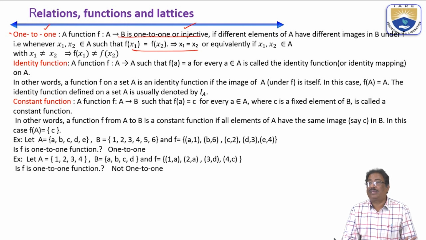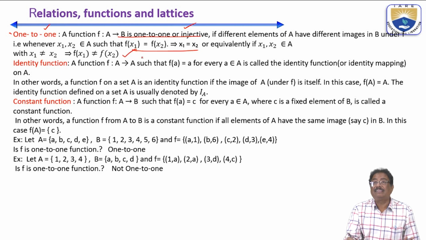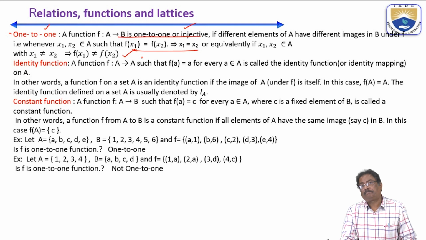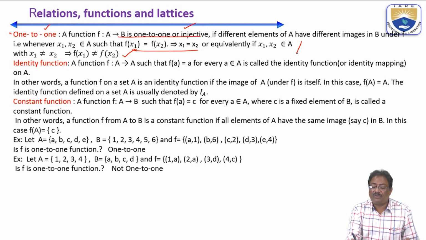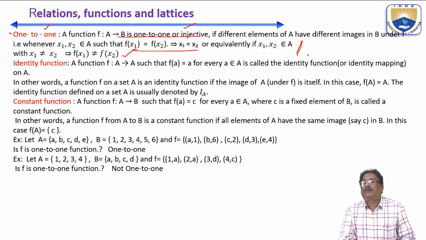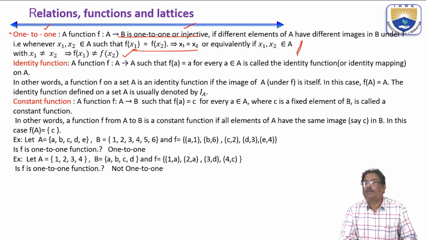Or we can say that if x1 is not equal to x2, then f of x1 is not equal to f of x2, and the function is one-one. Mathematically, whenever we are going to prove functions given in terms of equations, we are going to apply this.